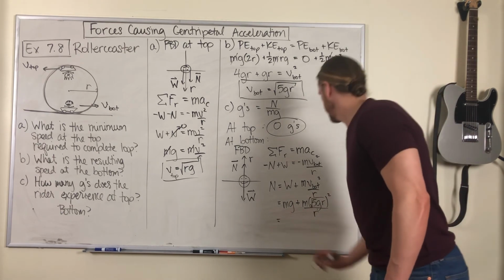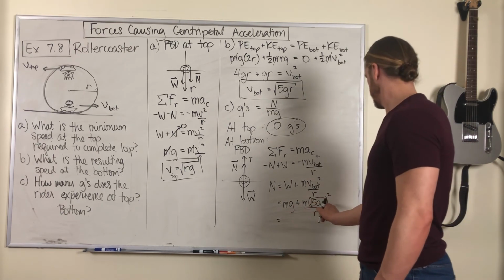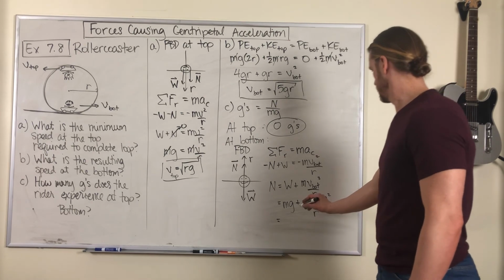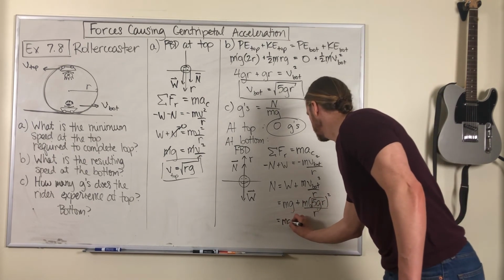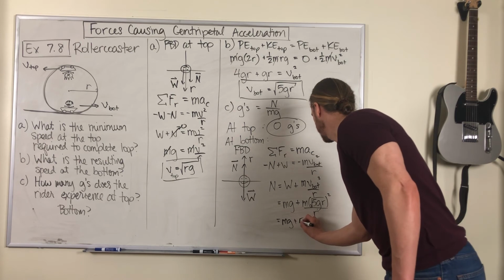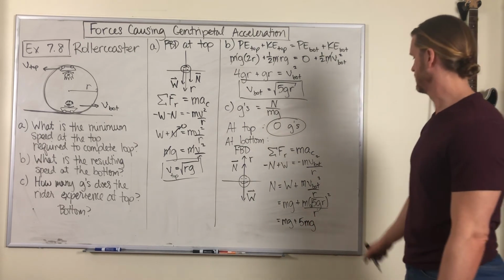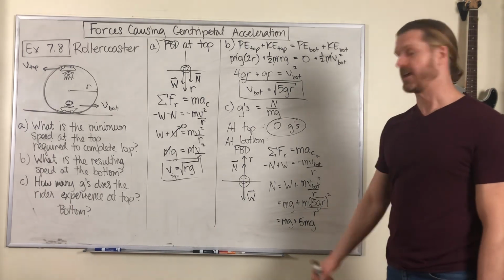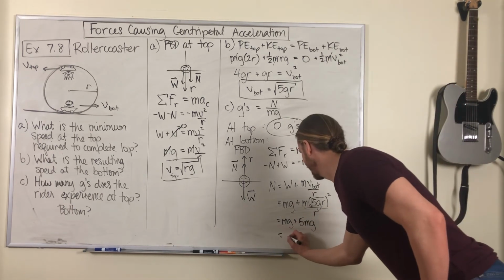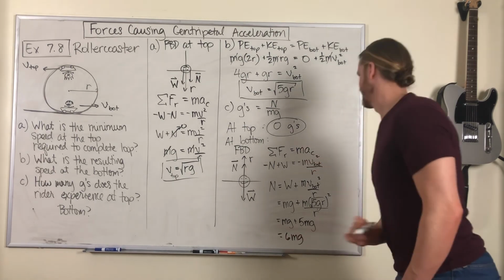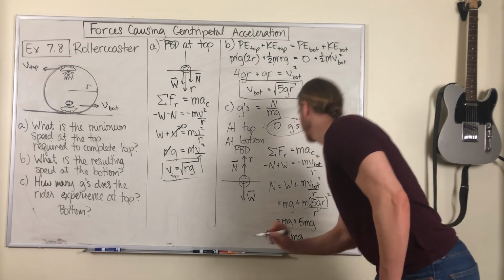A little more algebra. We've got mg plus 5mg. Those r's cancel out, so that's 6 mg for the normal force.